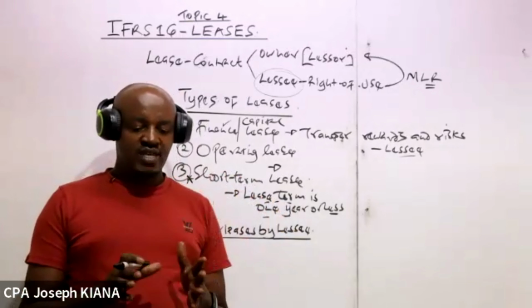In such a case, the lessee does not have to recognize the right of use asset and the lease liability. And number two is whereby the asset which has been leased is an asset of low value. Those are the two instances whereby the lessee is not required to recognize the right of use asset and the lease liability.